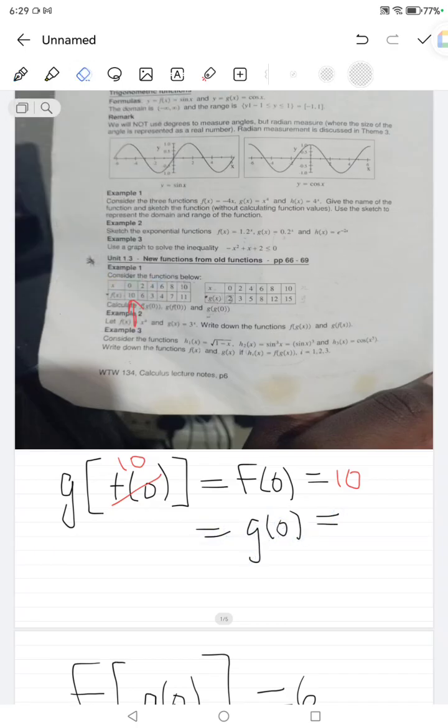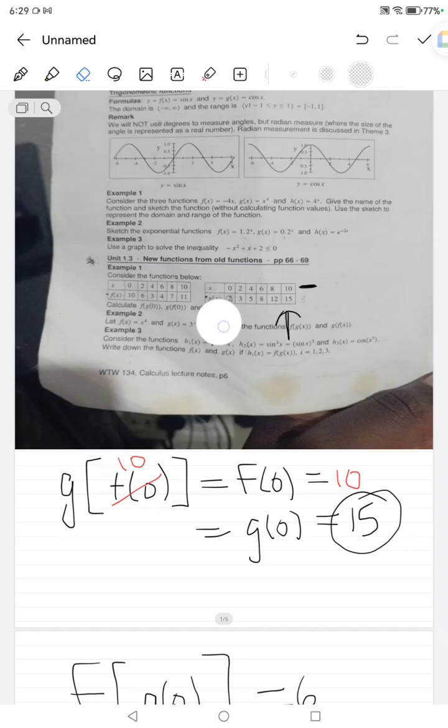Then you go to the table for the g's: when my x value is 10, what do I have as my y value? Your y value is 15. So this would be your final answer.